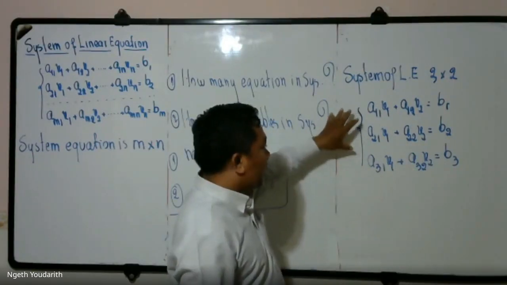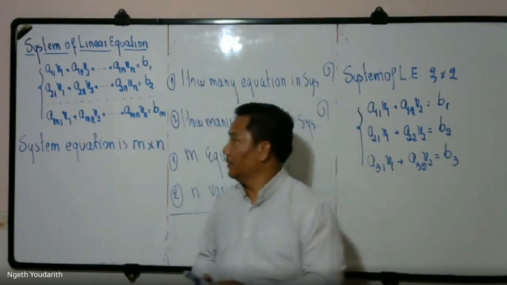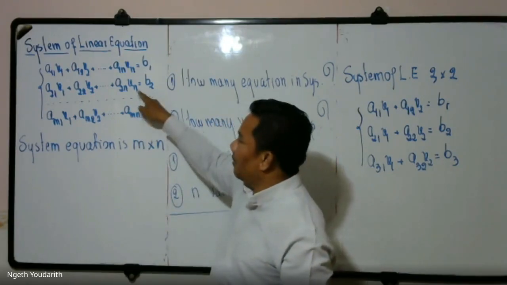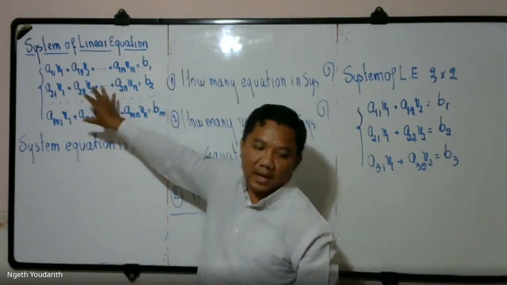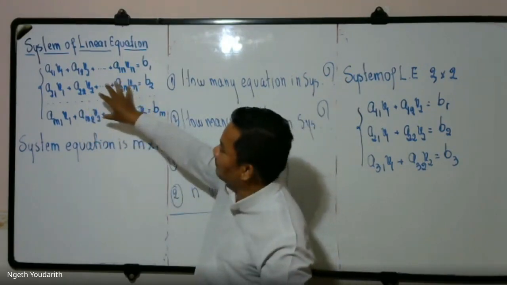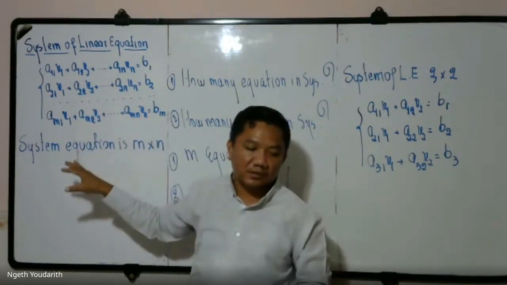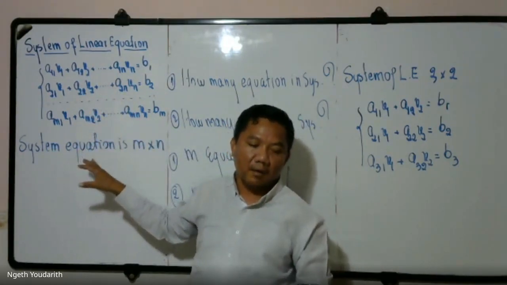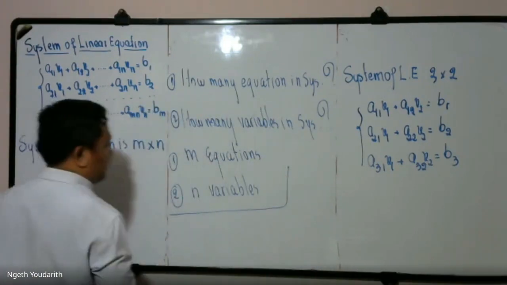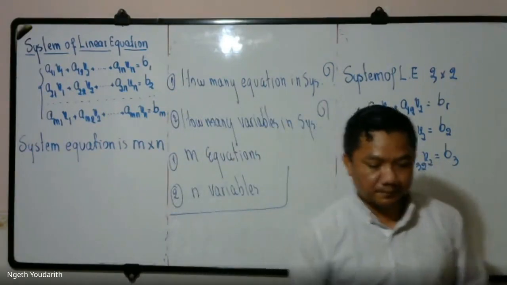And look back to our general equation. If we have a system of m equations and n variables, we can convert from this system to the augmented matrix. What is the augmented matrix?